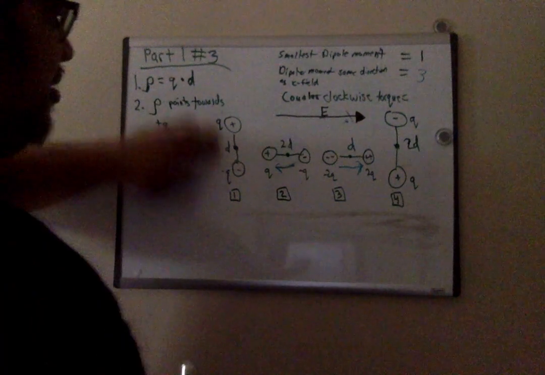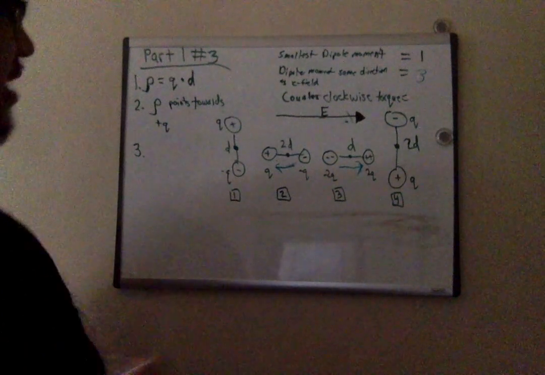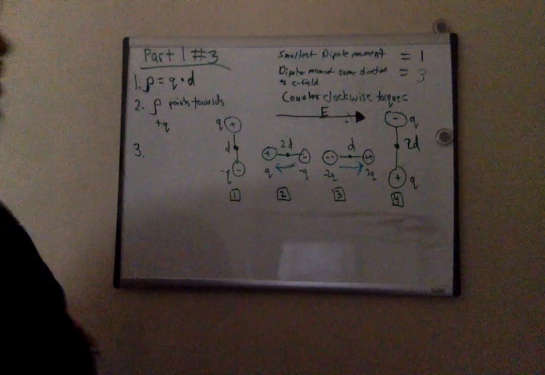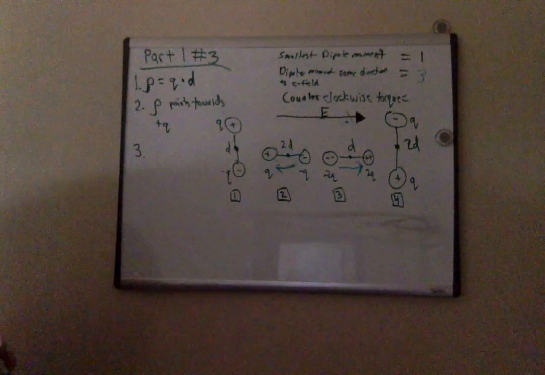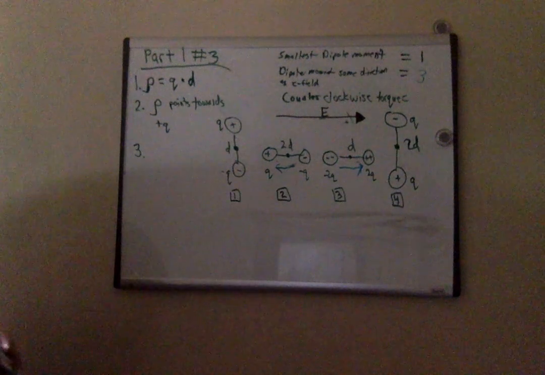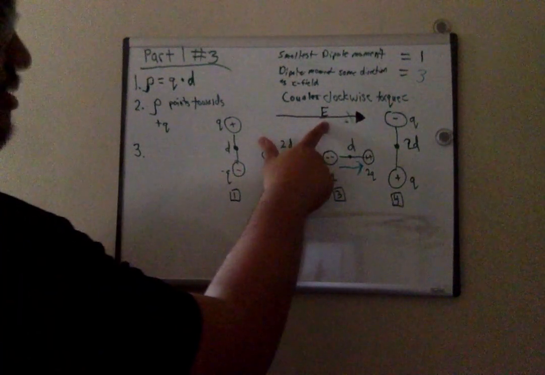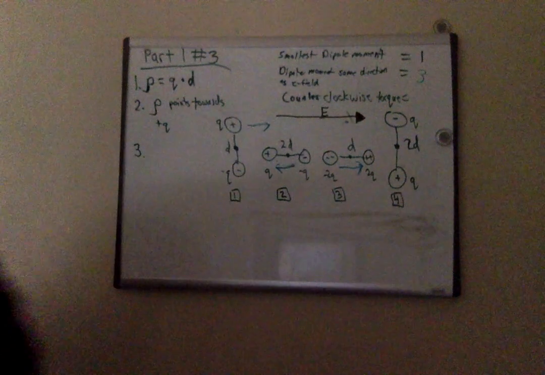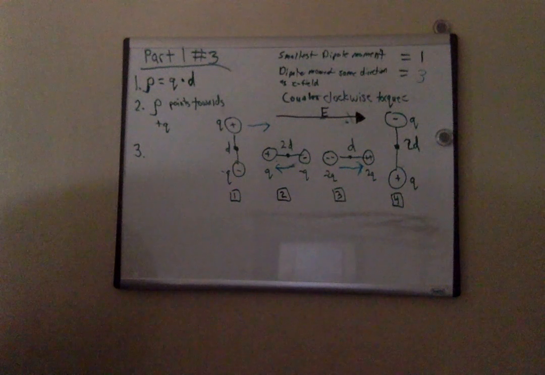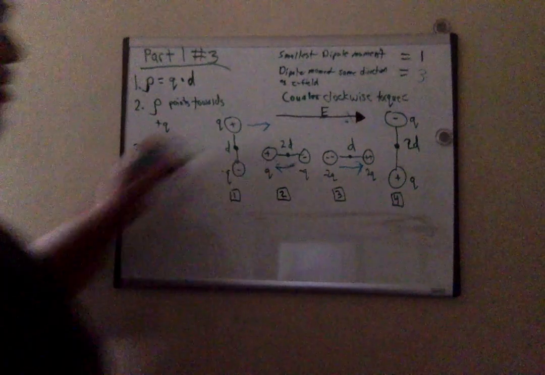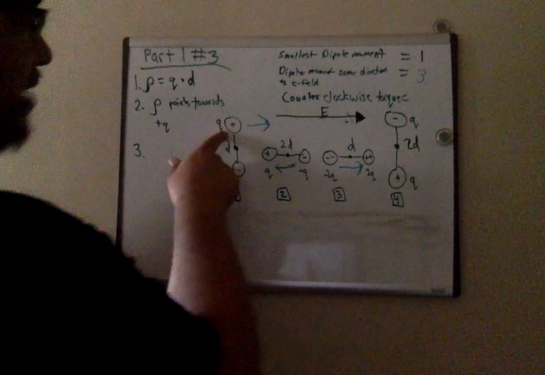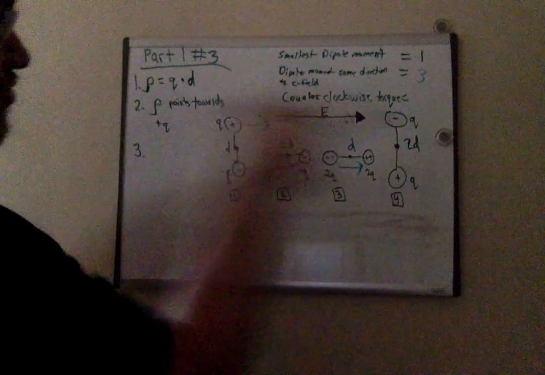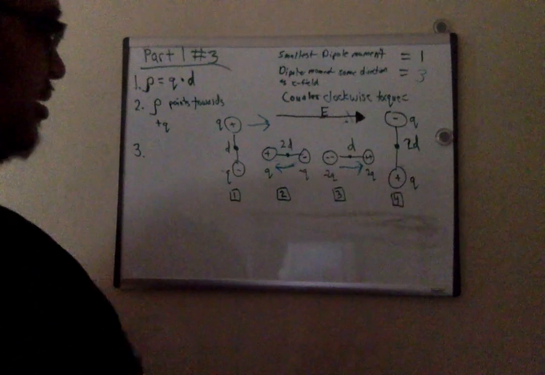For example, if we take a look at the force that's going to act on this positive charge, if the electric field is pointing this way, the force is going to point in that direction. So essentially, this charge would move in that direction, to the right.